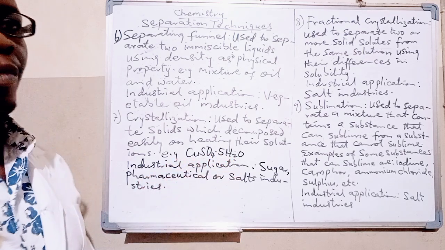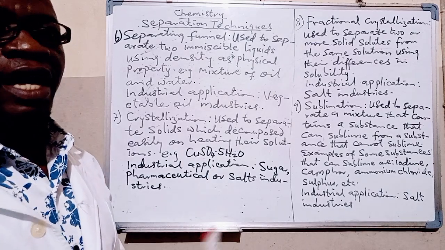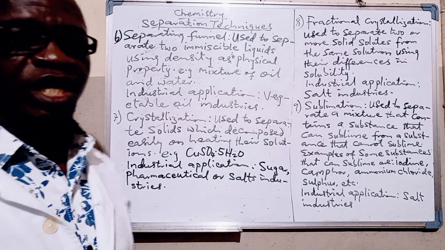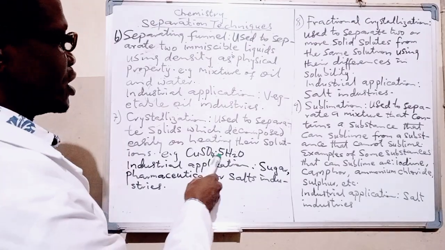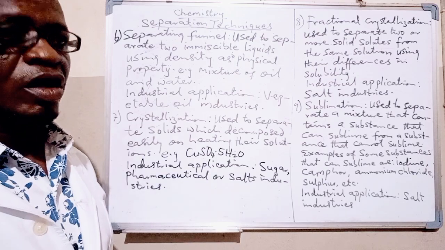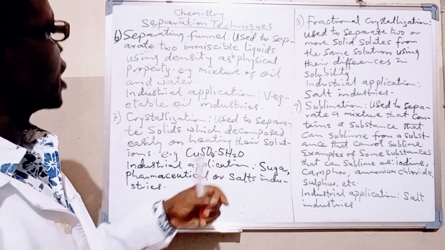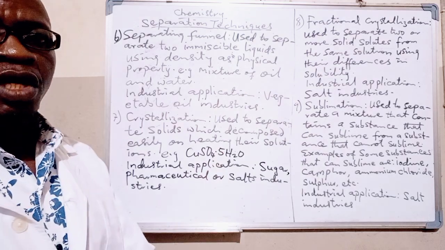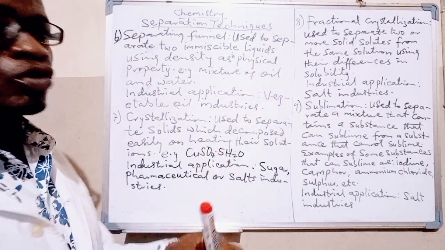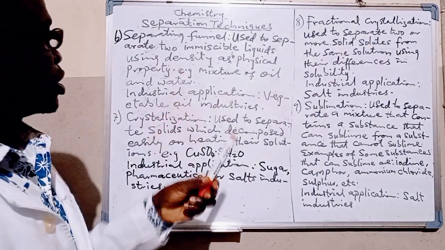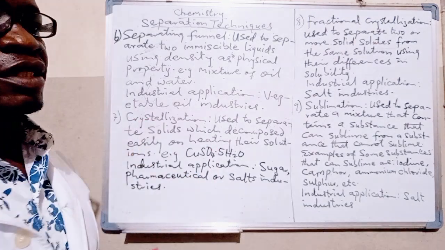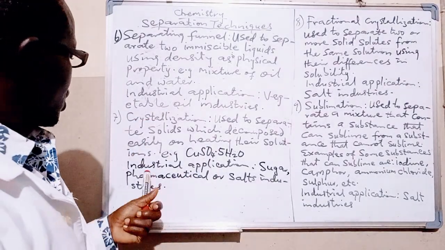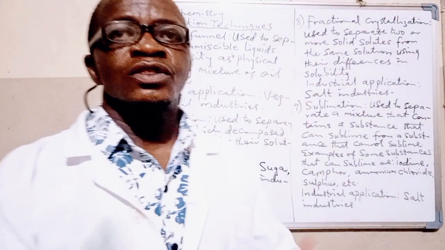This is a type of salt that cannot withstand high temperature. On application of heat, it will decompose, giving you other things. So in such a situation where you have it in a solution, you dare not use evaporation. Instead, you use crystallization.